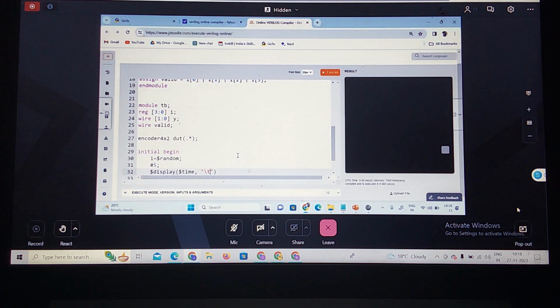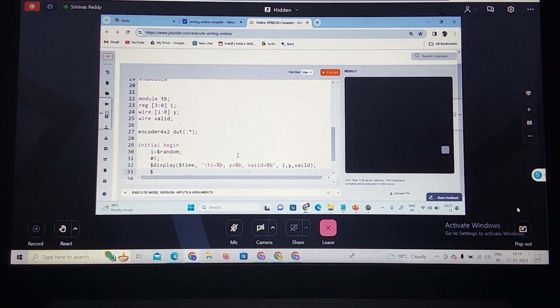Then what I need to do? So I is equal to percentage B. Then Y is equal to percentage B, comma, valid is equal to percentage B. Now I'm going to pass the argument: I comma Y comma valid.